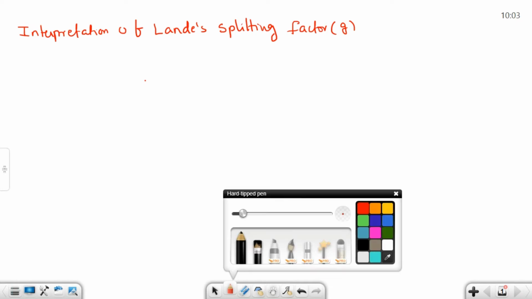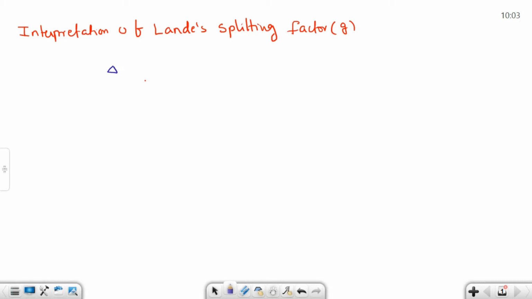Before starting the ESR spectroscopy, or in the principle of ESR spectroscopy, we wrote some equation. The equation is the energy difference between two spin states equal to h nu.